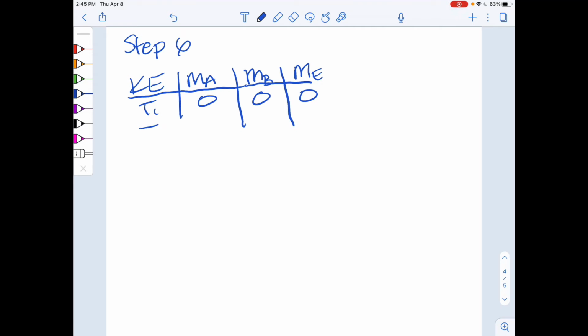And then for position 2, we will have the general kinetic energy equation, which is 1/2 mv squared for each of the individual masses. So for mass A, it's going to be 1/2 mA vA squared. And you're going to do that for each one.